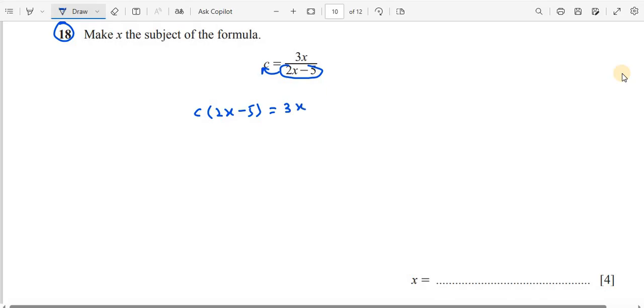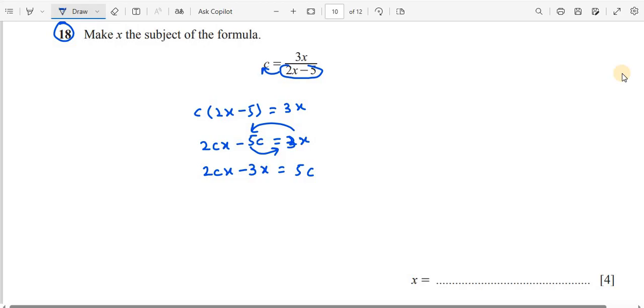Multiply c with both terms: 2cx minus 5c is equal to 3x. So 3x shifts to the other side: 2cx minus 3x is equal to 5c, shifting the 5c to this side, it becomes positive.